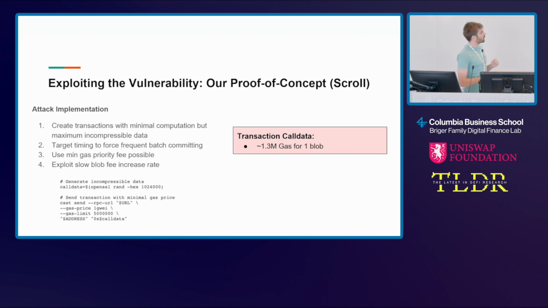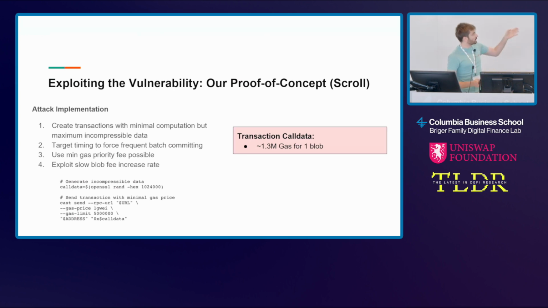We also use the minimum gas priority fee possible based on what the gas priority fee was at Scroll. And this attack also works because the DA price won't decrease that aggressively in the L1, because in that particular case we will only consume one blob. At that point, Scroll has a limit that each batch should have only one blob.